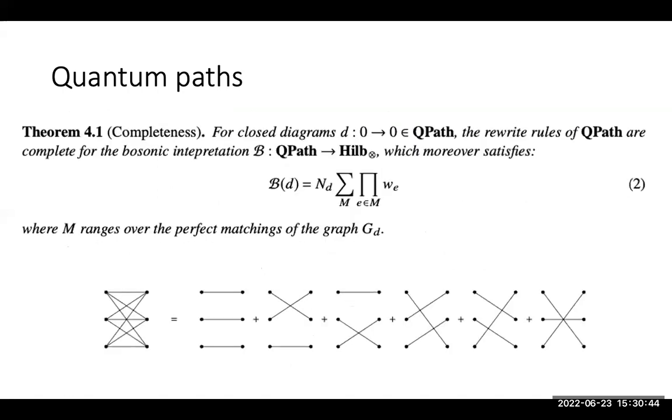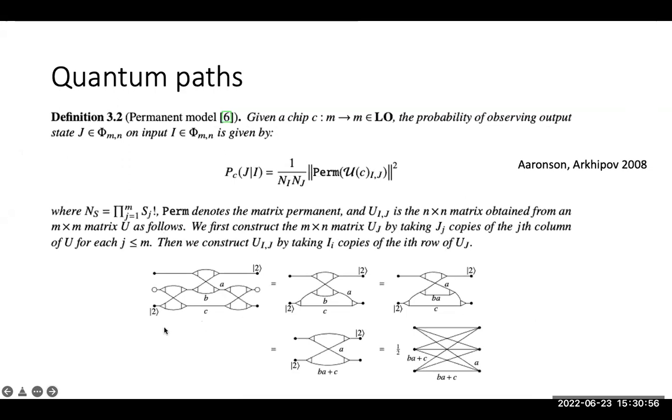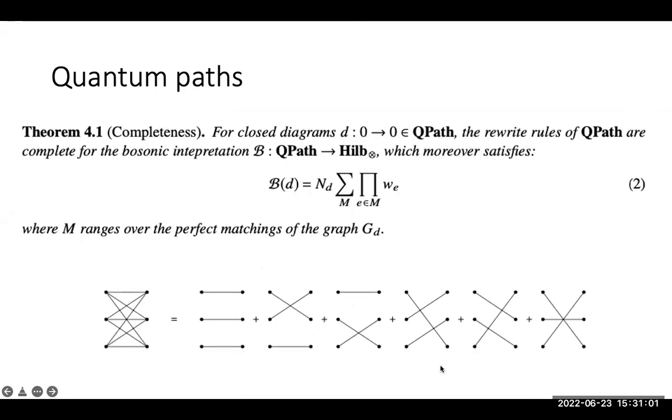So you can use this to show that for any closed diagram, the rewrite rules of QPath are complete for the bosonic interpretation. First you reduce your diagram into this weighted bipartite graph. And once you have the bipartite graph, you use the branching law to split it up into all its components.